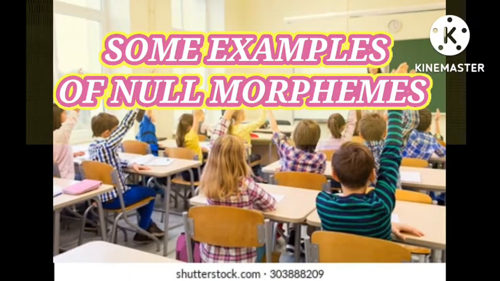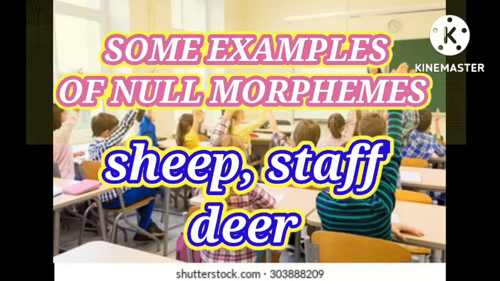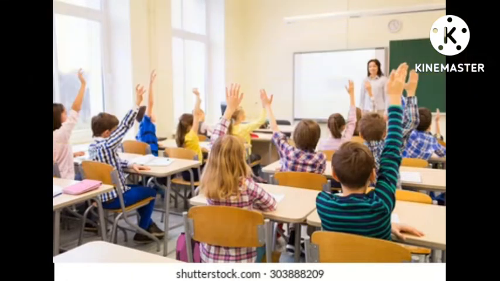We have some examples of these null and zero morphemes, and these are sheep, and then a word like staff.